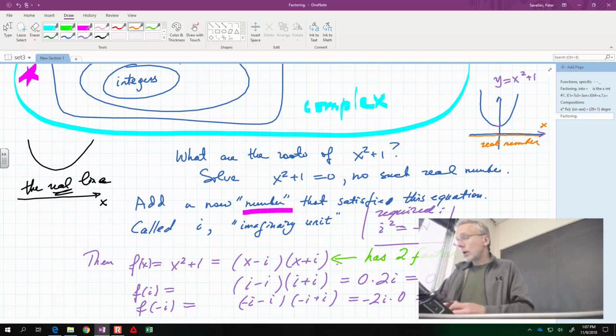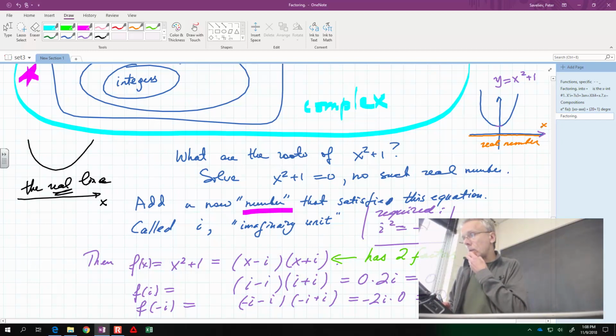It allows us to factor a polynomial that is not factorable if you only use real numbers, because it would have had x-intercepts, and it does not. But as you can see, we are able to factor it: x plus i times x minus i is our factorization. So that's how they emerge.